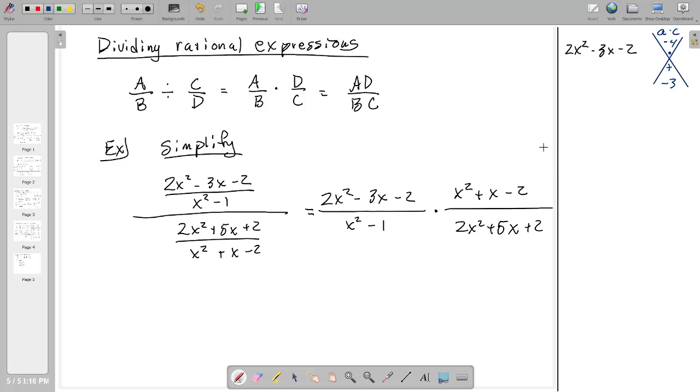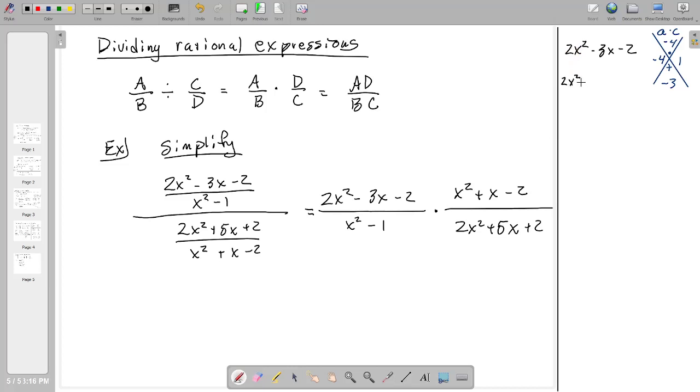So two numbers that multiply to negative 4 and add to negative 3. And this will be negative 4 and 1. Now note that our a is not equal to 1. The coefficient on the x squared term is not equal to 1. So we have to go through the longer process.